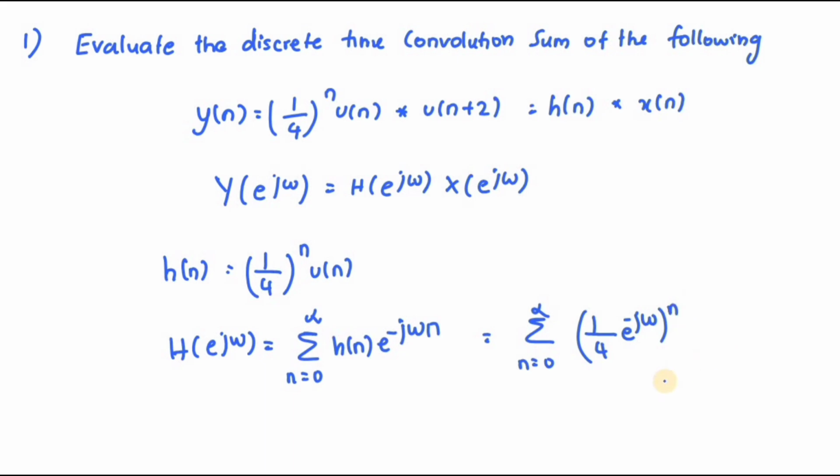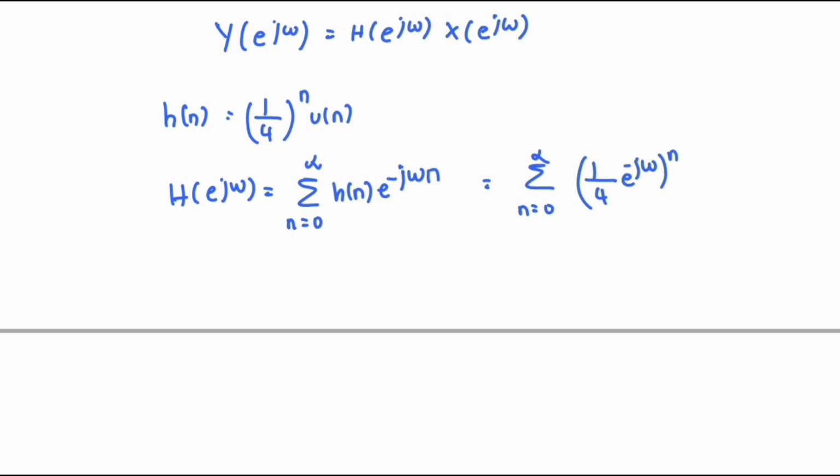There is one more formula, an important formula, so you note this one. Summation n is equal to 0 to infinity of a power n is equal to 1 divided by 1 minus a. This problem will get repeated again and again.